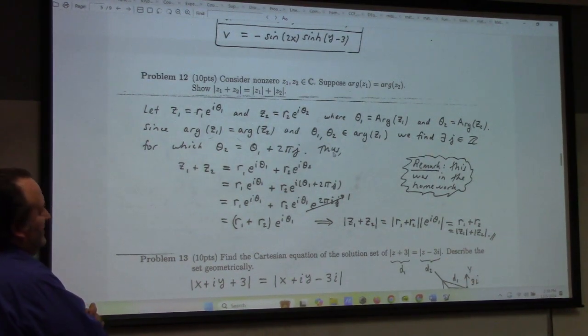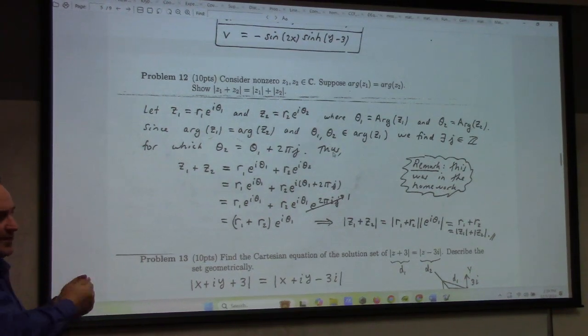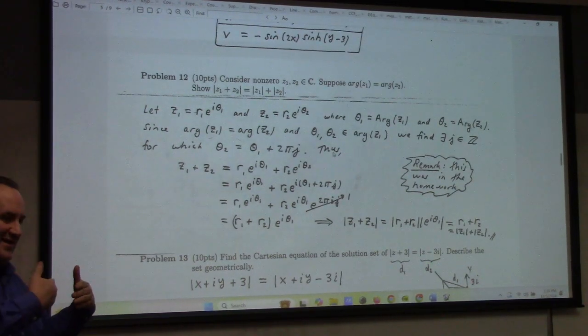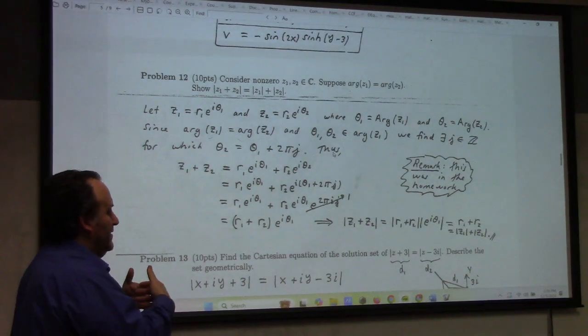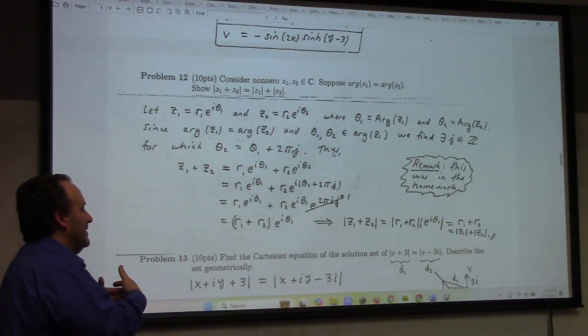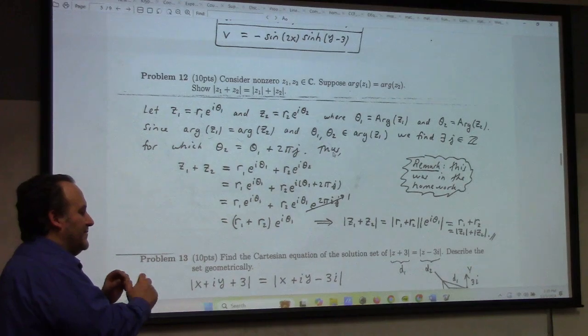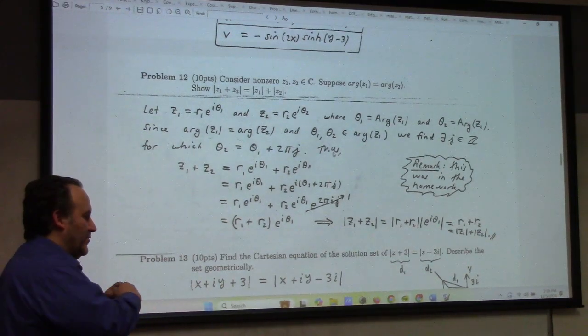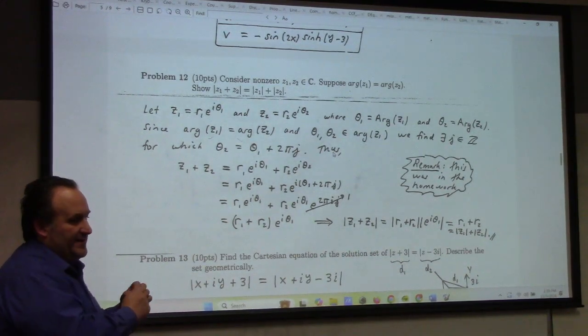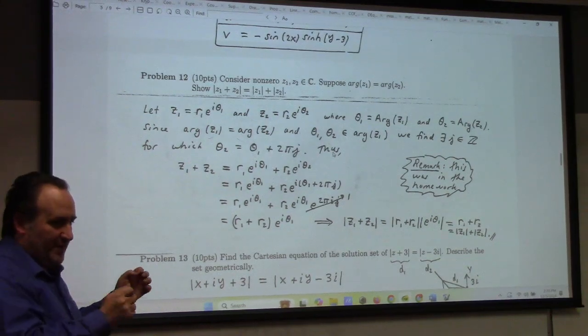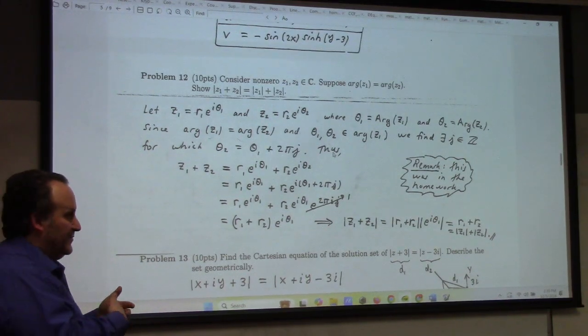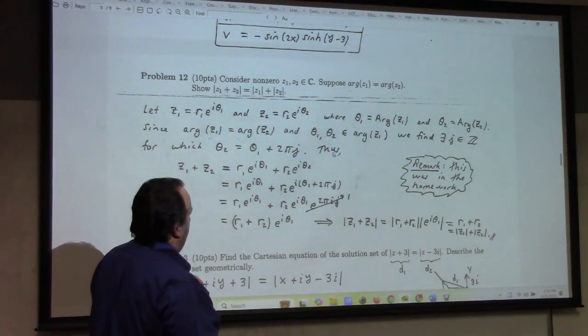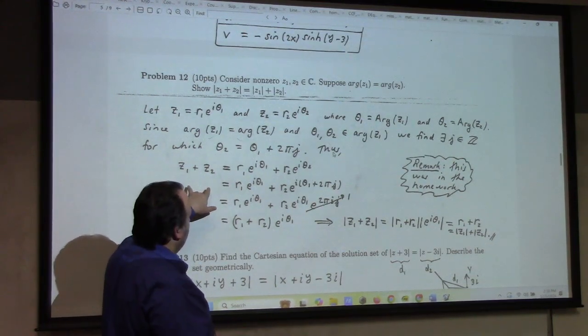Anyway, the thing that makes this a little bit subtle is that saying the two arguments are equal does not make the angles equal. It doesn't mean that when we represent the two numbers in polar coordinates, their thetas are the same. It means that their thetas differ by an integer multiple of 2 pi. So that's what I'm dealing with here.